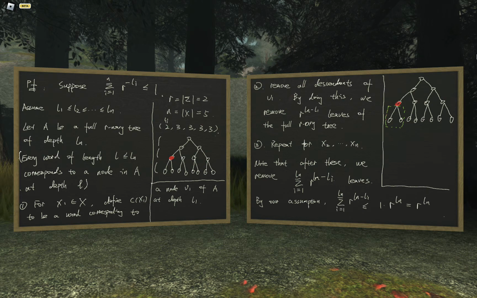So we have to make sure that the number of leaves we remove is smaller than the leaves we have.